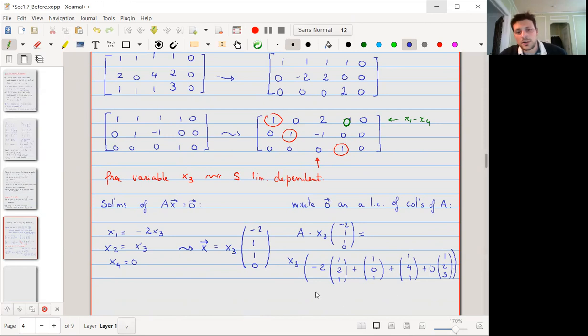Now, if you compute this, you'll see that this is exactly the 0 vector.